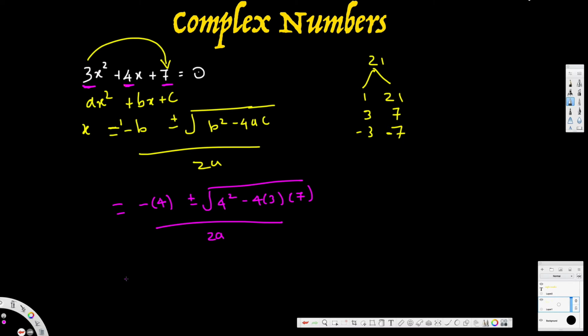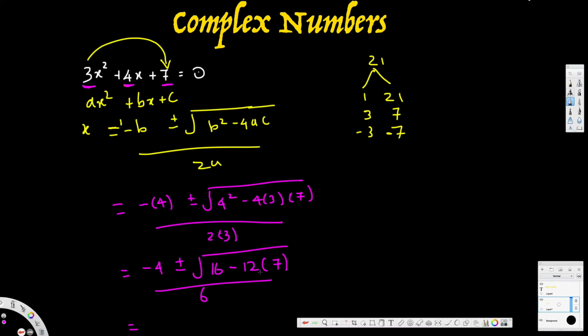2a is 2 times 3. Now let's simplify this one. Negative 4 plus or minus the square root of 4 squared, which is 16, minus 4 times 3 is 12, times 7, divided by 2 times 3 is 6.